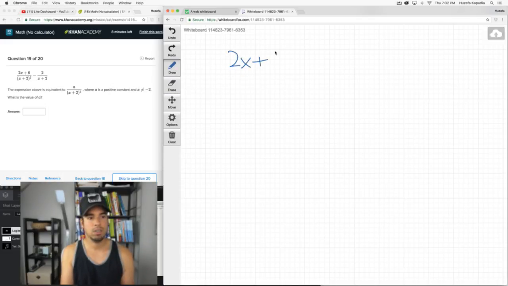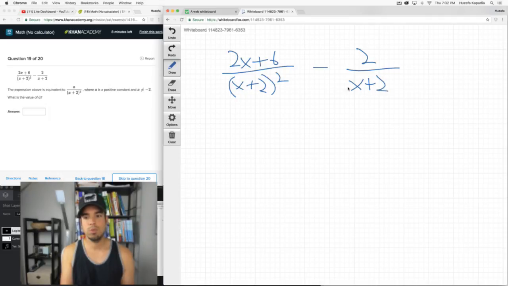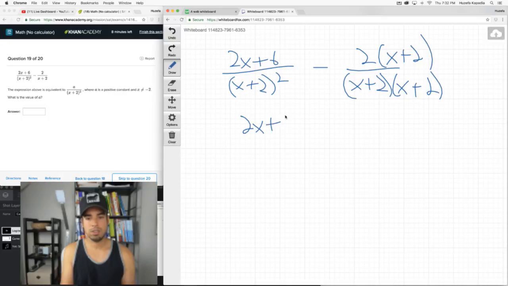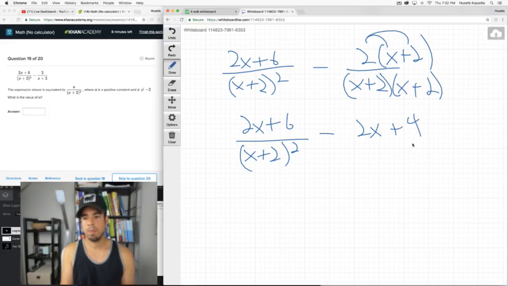So 2x plus 6 over x plus 2 squared minus 2 over x plus 2. But we want this to become x plus 2 squared. What am I really doing here? I'm multiplying this by x plus 2, and I got to do the same up top, right? So this becomes 2x plus 6 over x plus 2 squared minus, I'm going to distribute this, 2x plus 4, over x plus 2 squared.